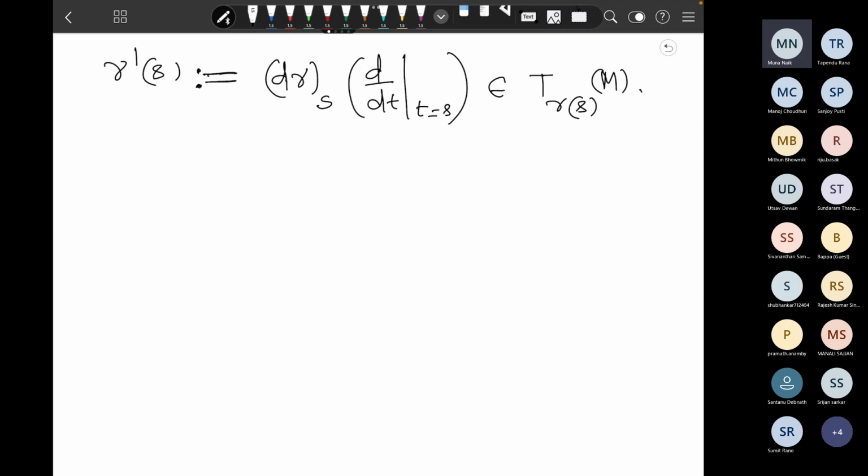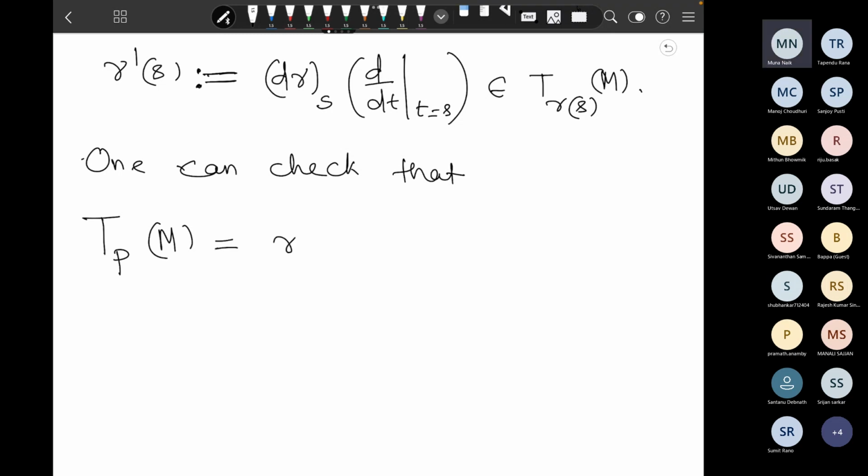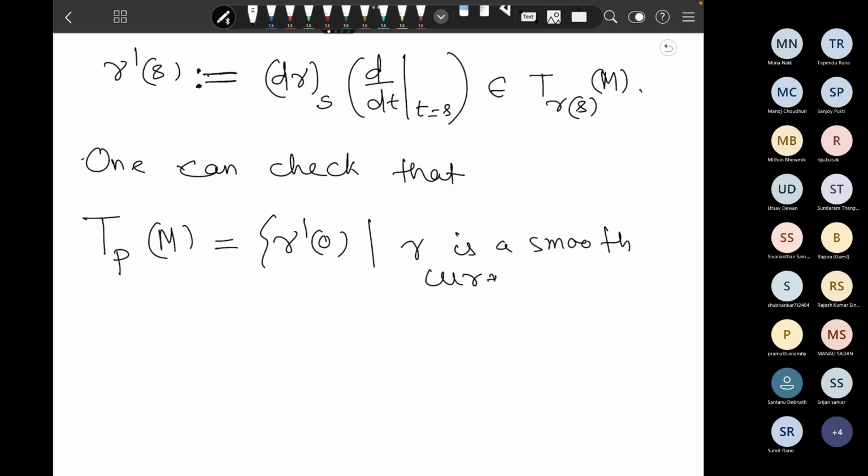Now check that. One can check that with this definition, T_p M is equal to the set of gamma'(0), where gamma is a smooth curve in M with gamma(0) equal to p.